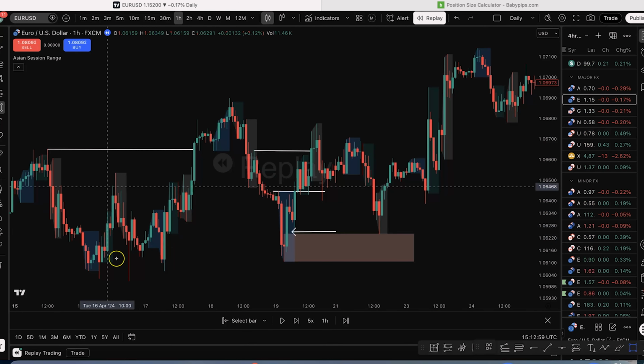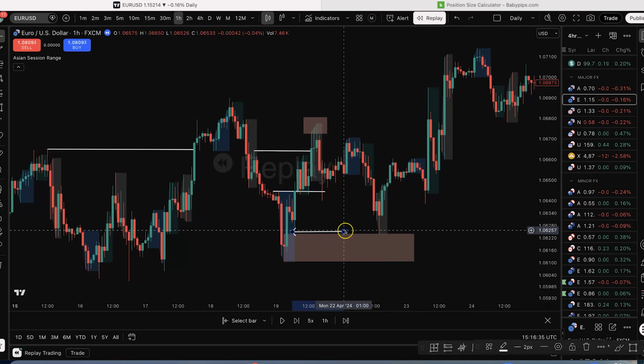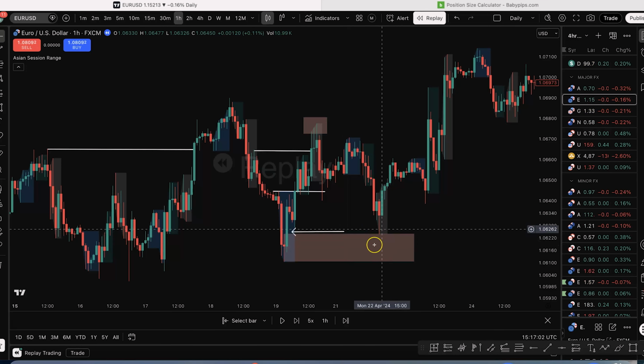So we have an efficient range now that the market has filled that previous area of demand that we just looked at. We've had a lower time frame shift and structure forming higher highs at this point here. We've then had a pullback to fill this imbalance or this market inefficiency, and we've had a retest of this demand zone.